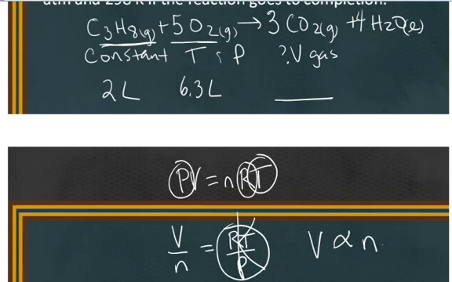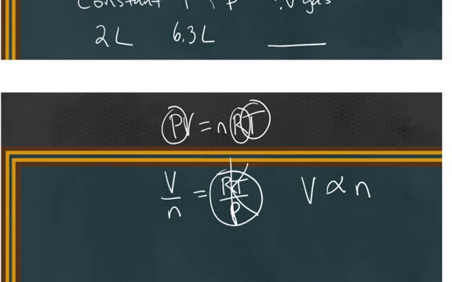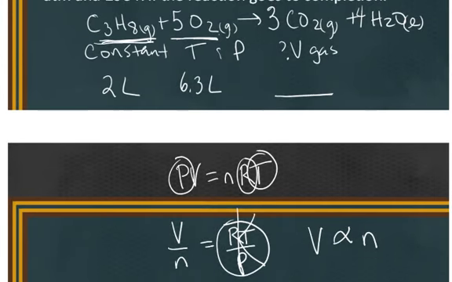When that's the case, in a gas phase reaction, we can interpret the equation either as moles of product and reactant or equally as volume of product and reactant, since the pressure and temperature stay the same, so the number density would be the same. So we can say 1 liter of propane gas reacts with 5 liters of oxygen gas to give 3 liters of carbon dioxide and some water.